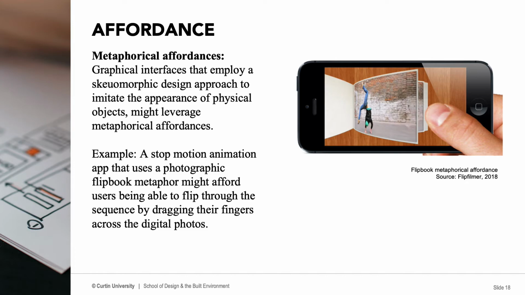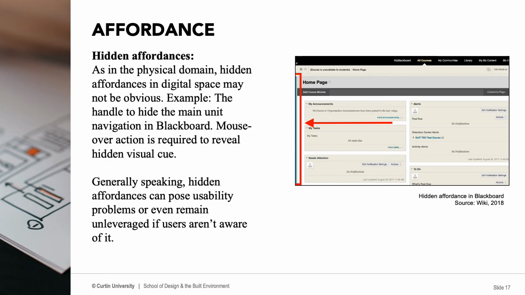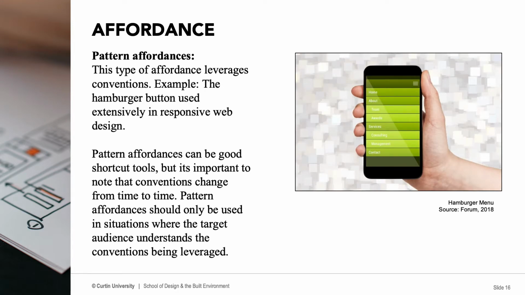Any questions about metaphorical affordances? I just thought of another thing. We talked about pattern affordances and gestural interactions. Pinch to zoom. You know this interaction? You want to zoom into an image, you pull your fingers apart, right? Like on a map, for example, on Google Maps.